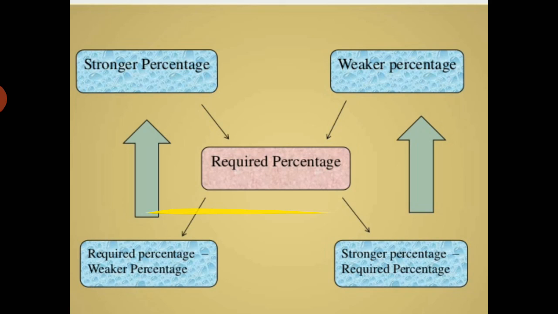When the calculation involves mixing two similar preparations of different strength to produce a preparation of intermediate strength, the alligation method is used. The required percentage sits between the stronger percentage and the weaker percentage.